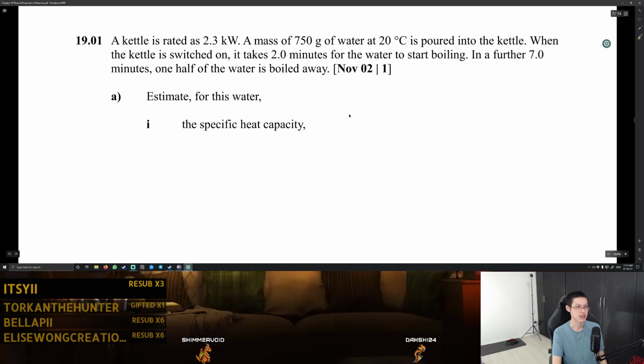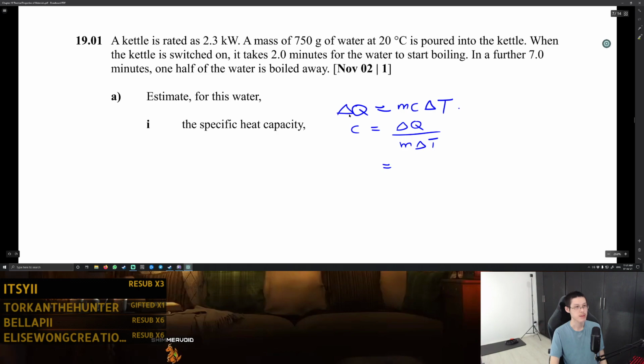So we will have to use the equation delta Q equals mc delta T. So C is this guy over m delta T. Delta Q, you can use the definition of power. Power is delta Q over T. So delta Q is equal to PT. So we can get PT over m delta T here.